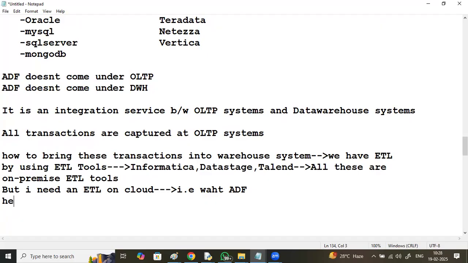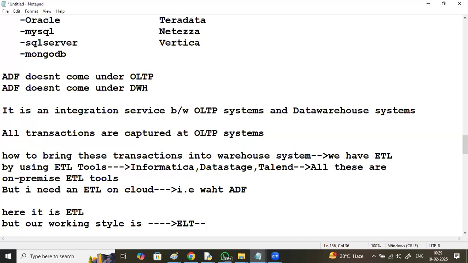Here it is ETL. But our working style is ELT: extract, load, and transform.